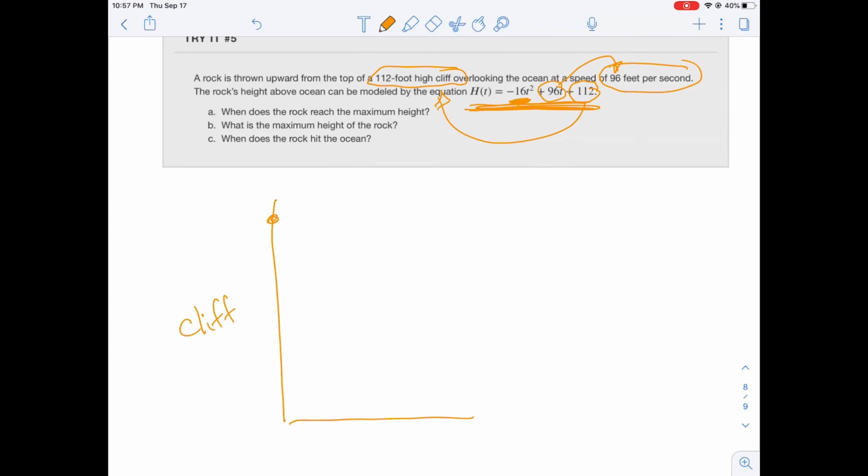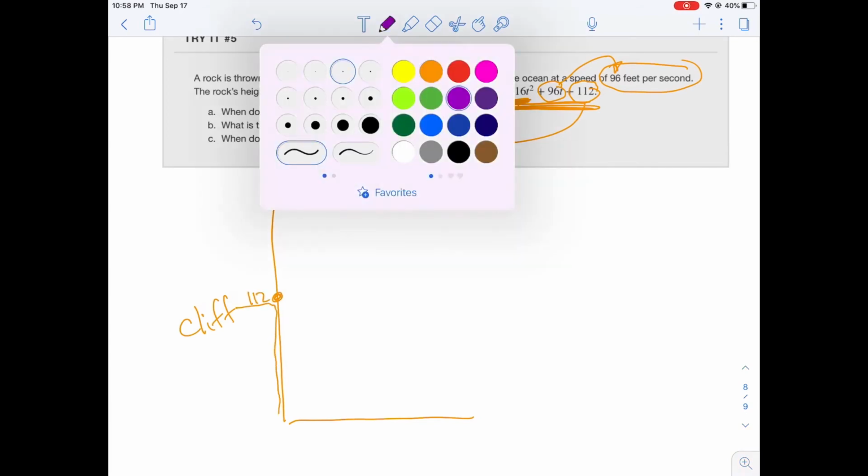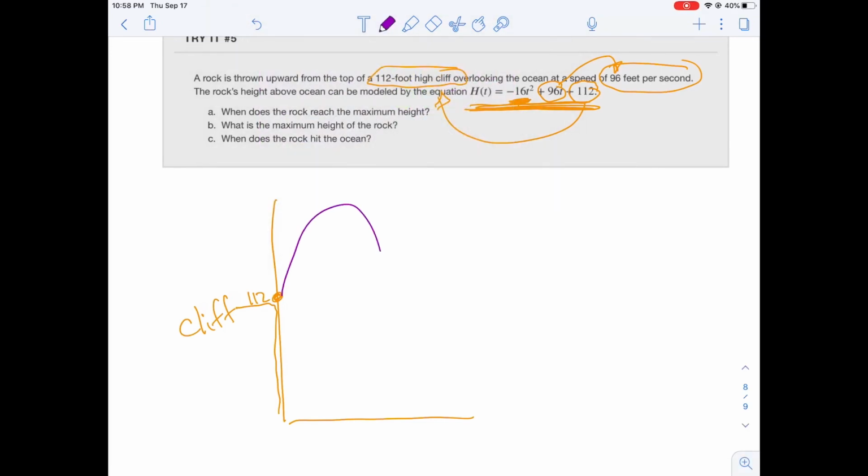Here's the cliff, and here's, well, let's not make that high. Here's the 112 foot high cliff, and when you throw it, it goes up and then it lands. It's going to be a parabola like that.